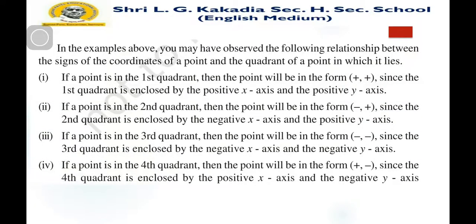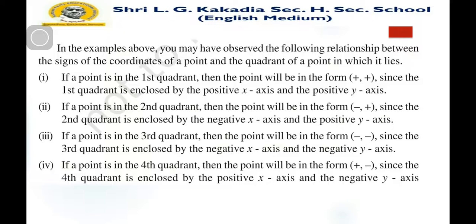Now about the point. What is the property of a point in a quadrant? We have studied in the previous slide the distance from the x-axis if the given point is on the x-axis or y-axis.